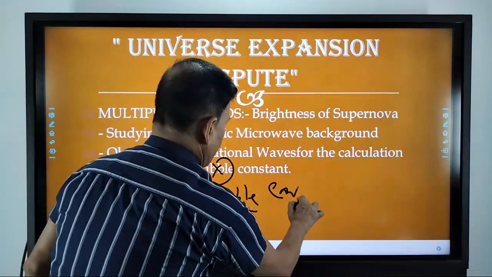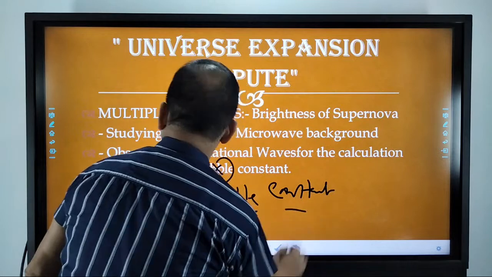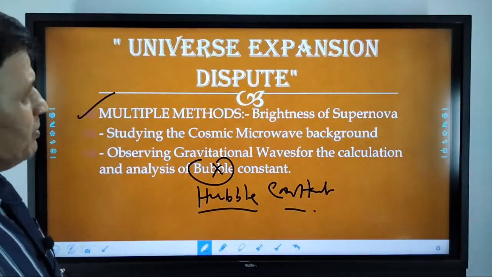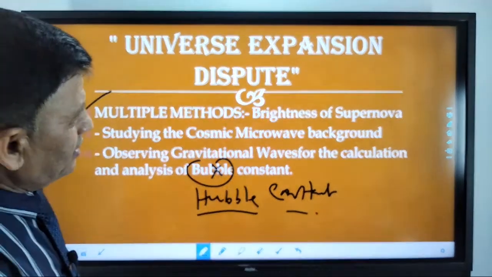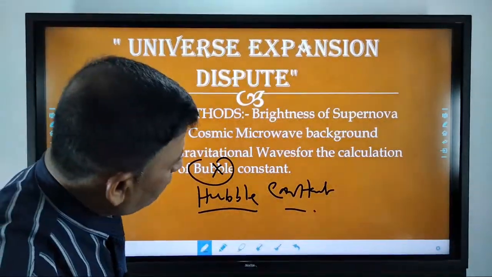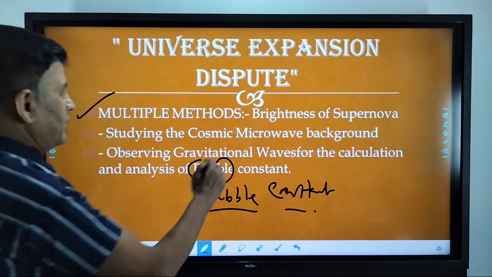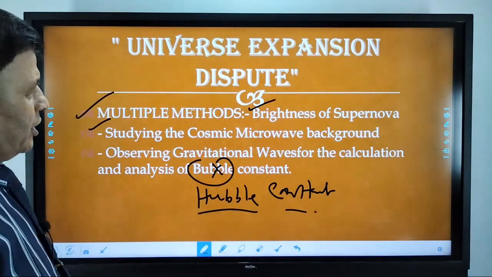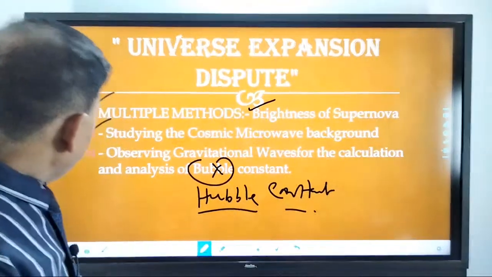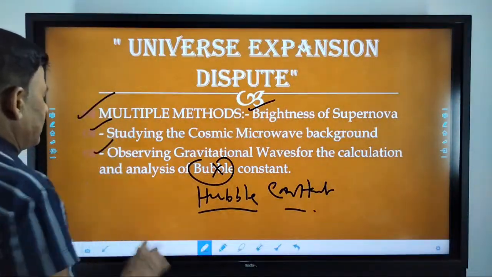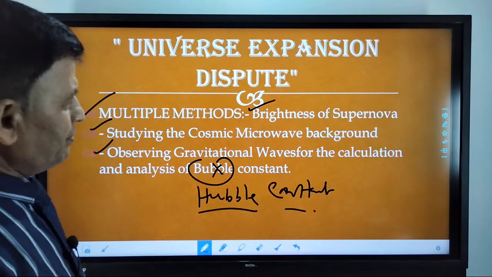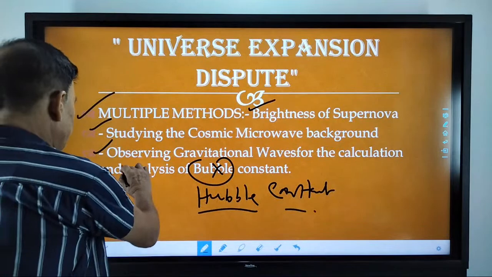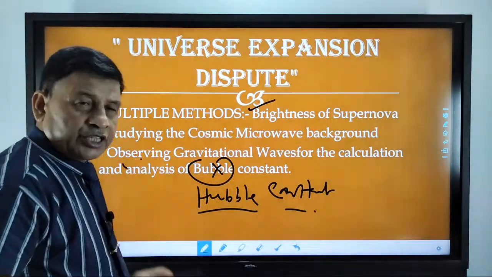Hubble constant. So the approach is multiple methods, added with the brightness of supernovae. Next, to study the cosmic microwave background, and next to observe gravitational waves for the calculation and analysis of the Hubble constant.